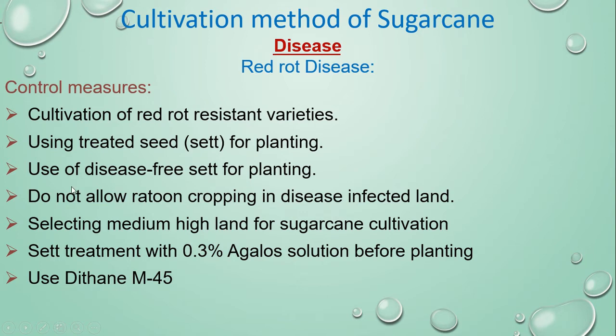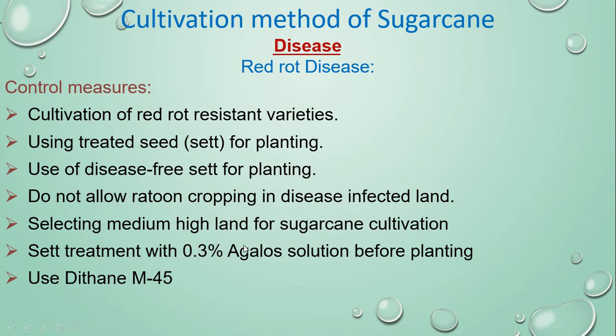We even have to plant disease-free seed, and do not allow ratoon cropping in disease-infected land. Later on I will discuss in detail about the ratoon crop, what is the ratoon crop. And when you observe the field is infected by red rot disease, do not allow a ratoon crop in that field. Select medium highland for sugarcane cultivation.